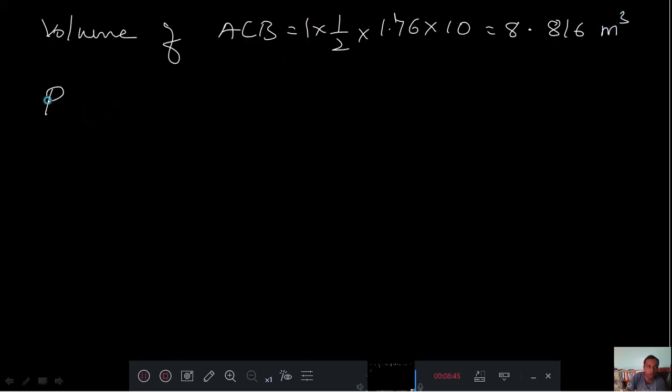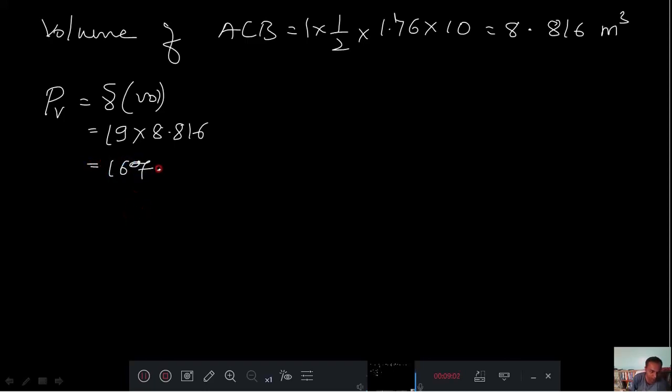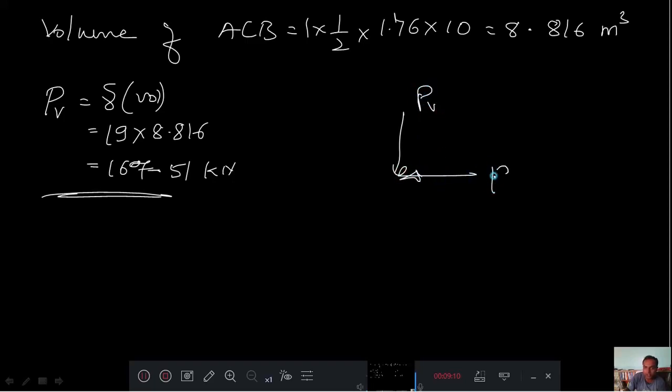Then PV will be equal to density into volume. Density is 19 into volume is 8.816. Therefore 167.51 kilonewton.